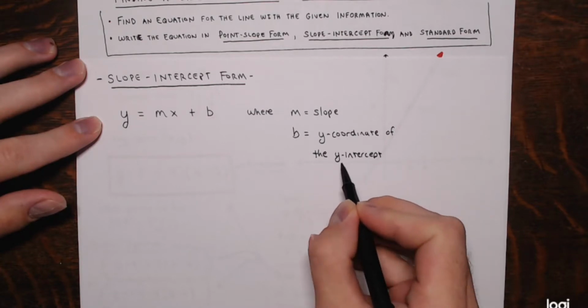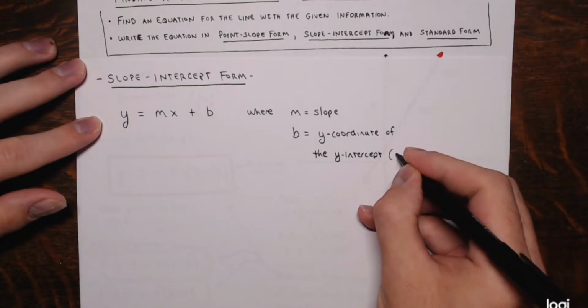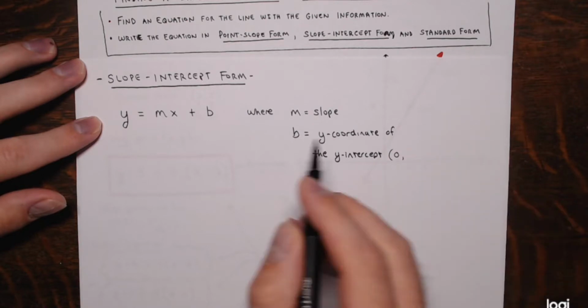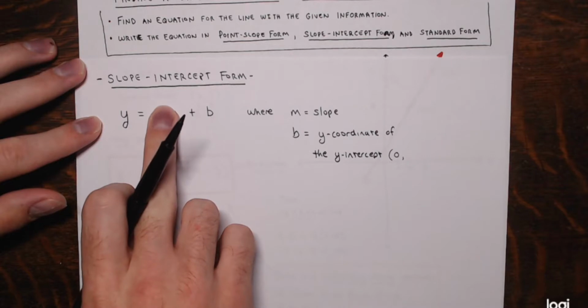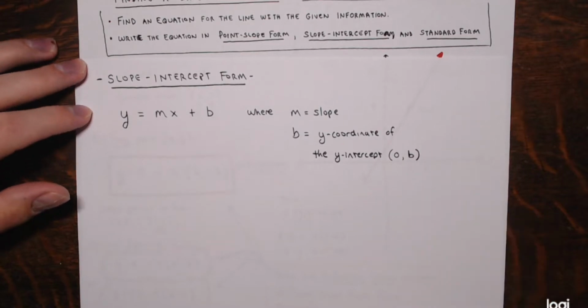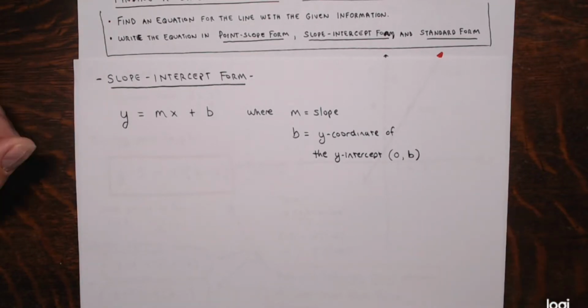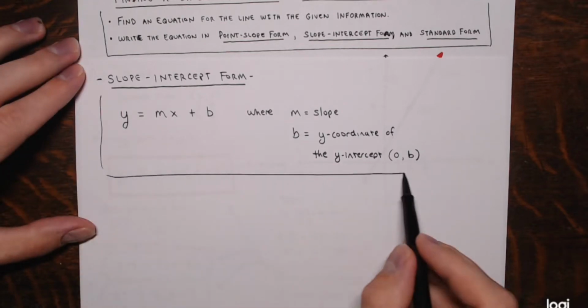Sometimes they just say it's the y-intercept. Remember, y-intercept is when you have an x coordinate of 0, and you can clearly see if x were 0, that term would disappear. You'd have y equals b. So 0 comma b, whatever that point is, would be the point where the line crosses the y-axis. Right, so there's slope-intercept form.